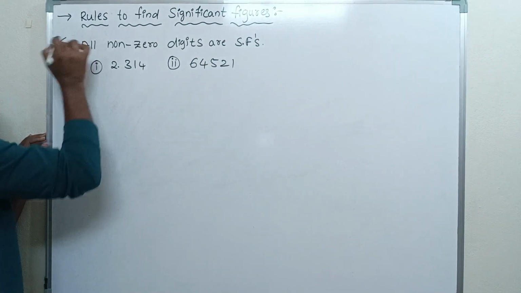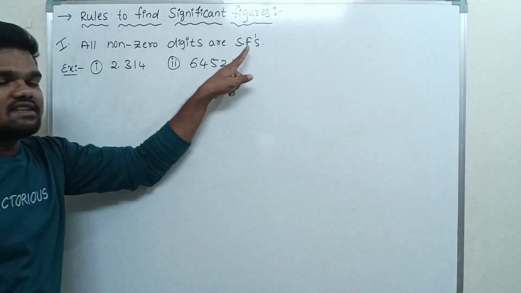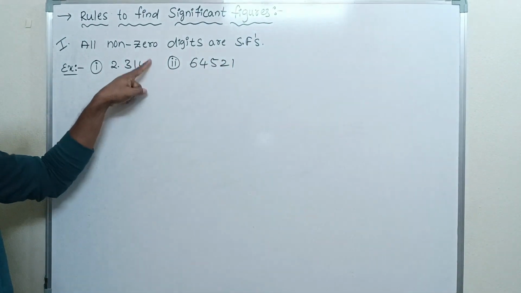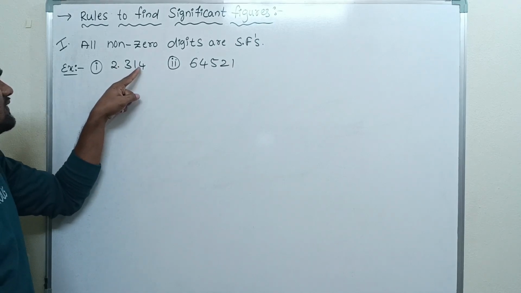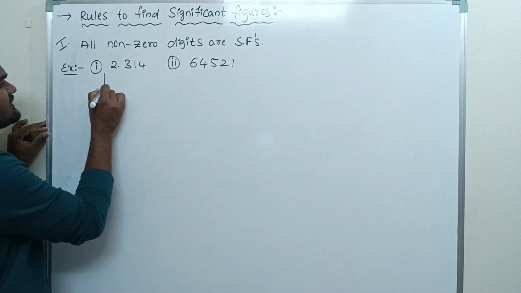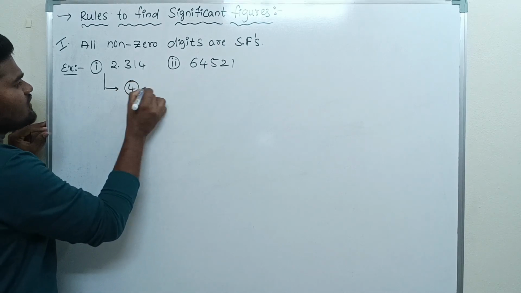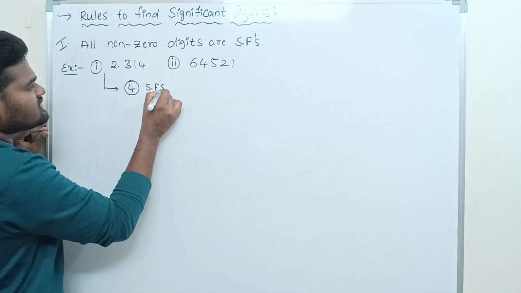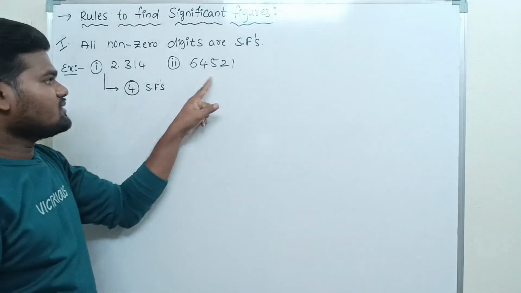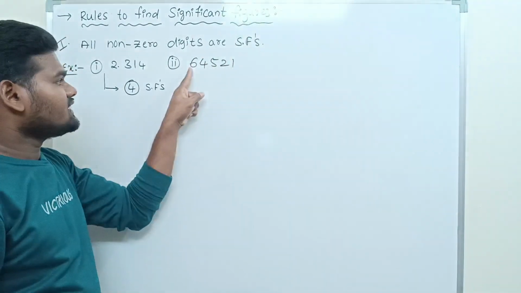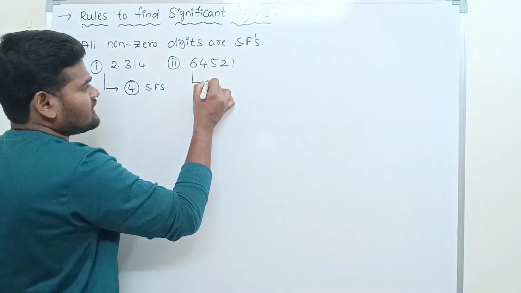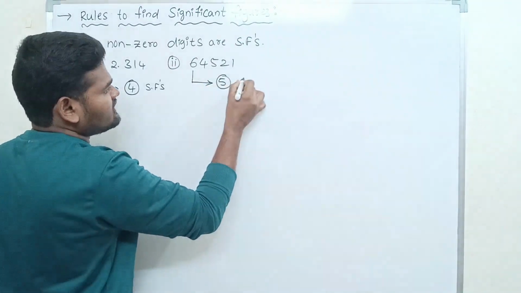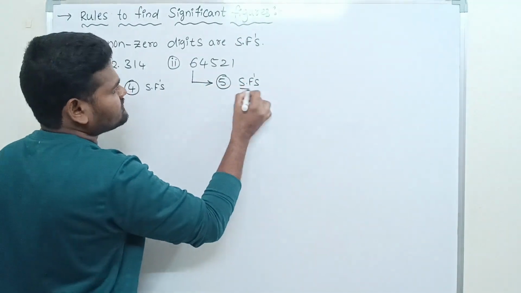The first rule is all non-zero digits are significant figures. In the first number, how many non-zero digits are there? 1, 2, 3, 4. So this number has 4 significant figures. In the second number, all are non-zero digits: 1, 2, 3, 4, 5. So this number has 5 significant figures.